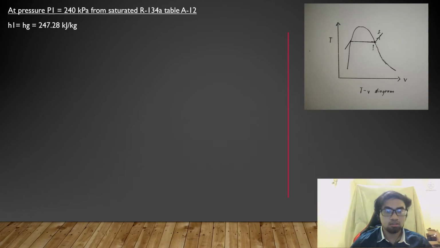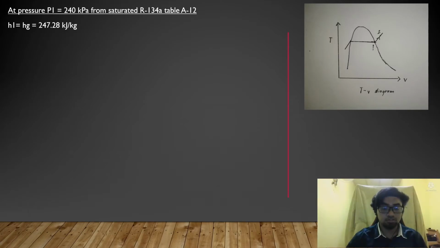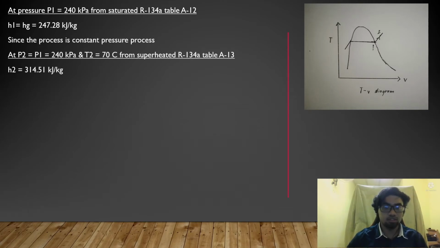At pressure P1, 240 kPa, from saturated R134A table A12, we know that the initial enthalpy is Hg equal to 247.28 kJ per kg. Since the process is a constant pressure process, we know that P2 equals P1 equals 240 kilopascal, and T2 equals 70 Celsius. From superheated R134A table A13, we know that the final enthalpy is 314.51 kilojoule per kg.